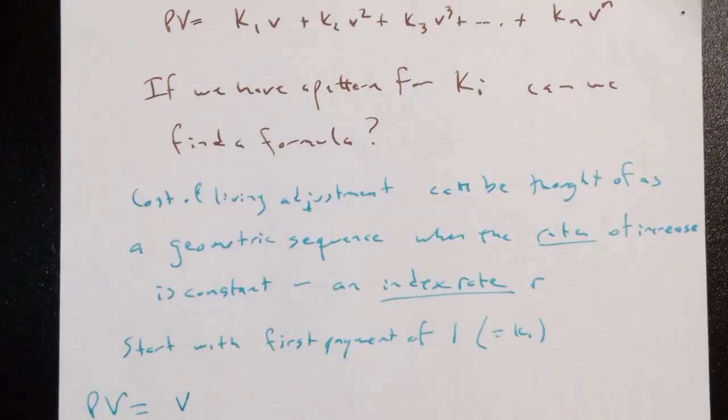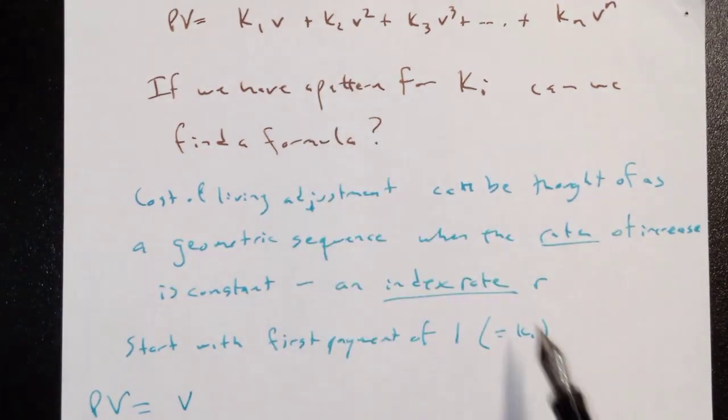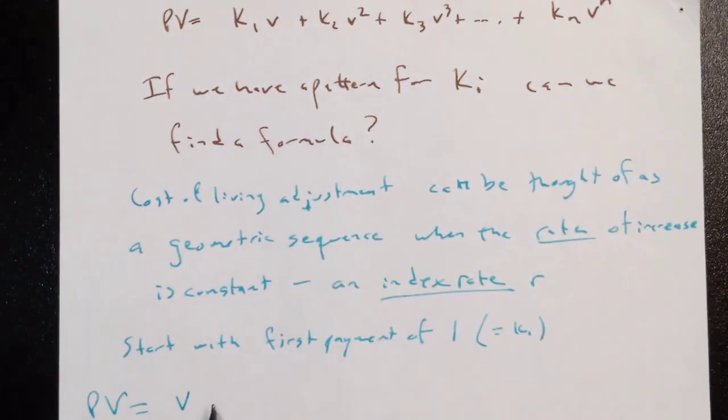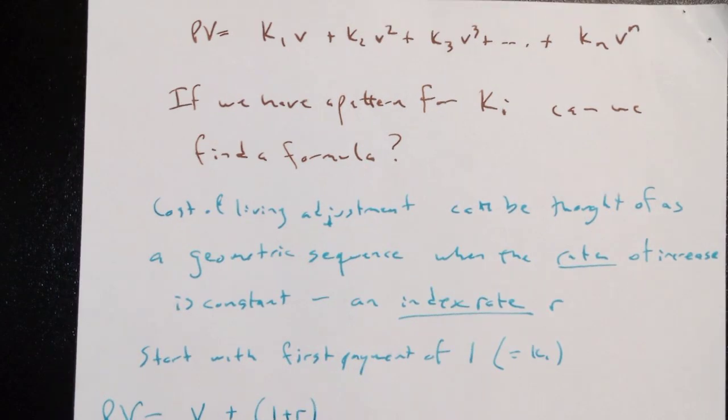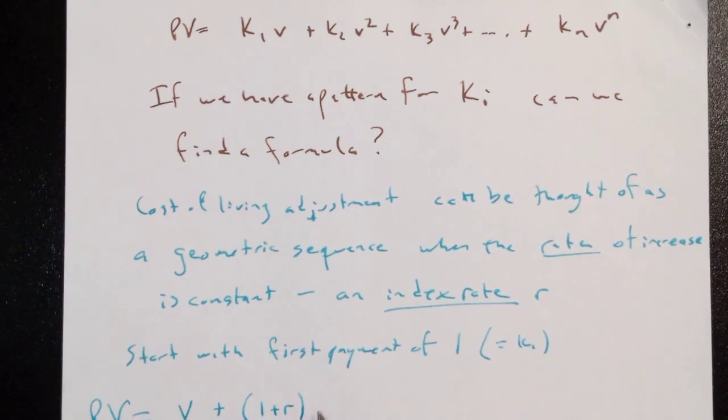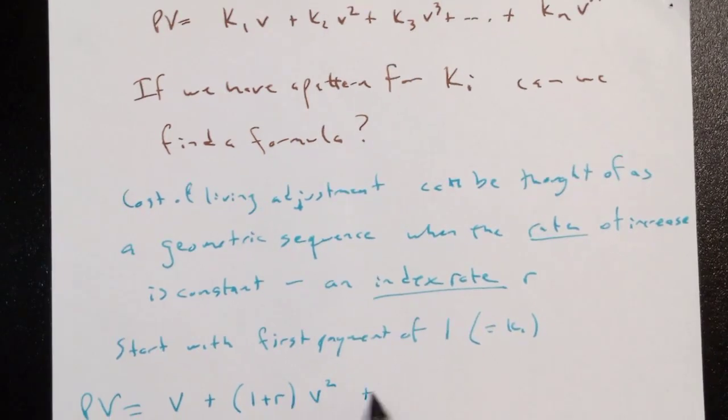Then I have another payment, K2, right? But K2 has gone up by that much. And it gets brought back 2 periods. The third payment has gone up again.